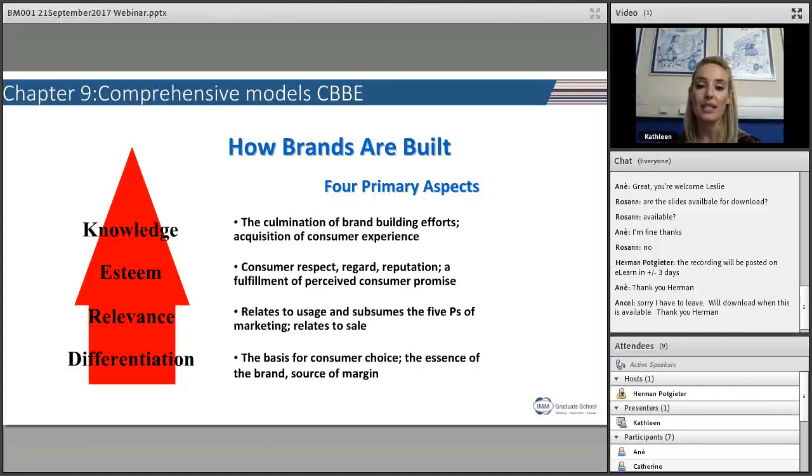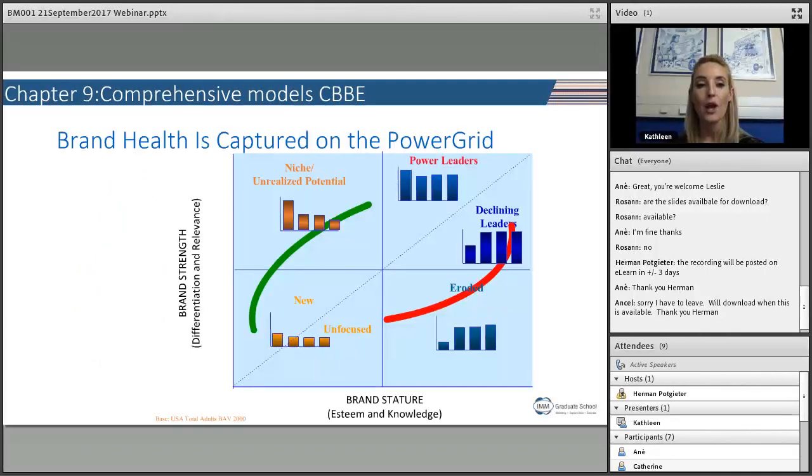When we look at relevance, we look at how well the brand relates to our customer. When we look at esteem, we look at how much respect the customer has for the brand. Do they see it as being a leader, an expert? Do they see it as having a strong reputation? And then finally, we look at brand knowledge, where we look at how much the customer actually knows about the brand and how much they've interacted or experienced the brand.